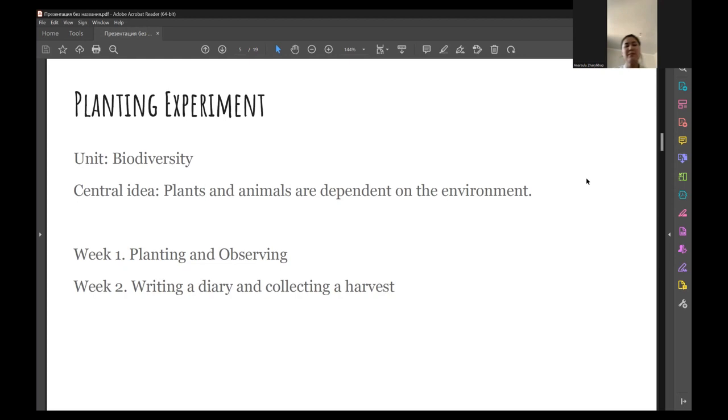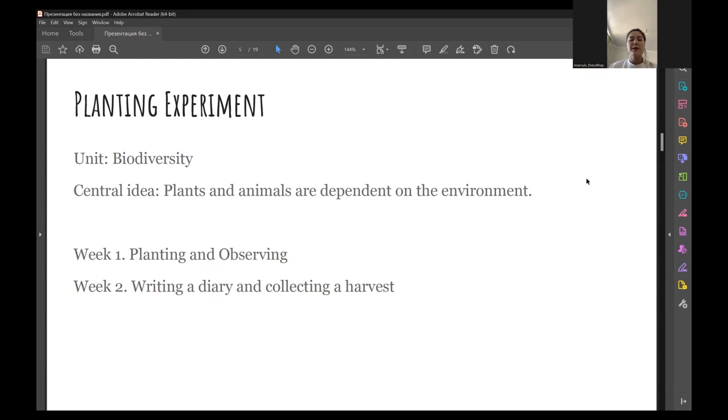Planting experiment. The next thing I wanted to teach my students was the plant cycle, and to open this topic and to make sure that they know the plant cycle, I decided to start an experiment with cress salad.